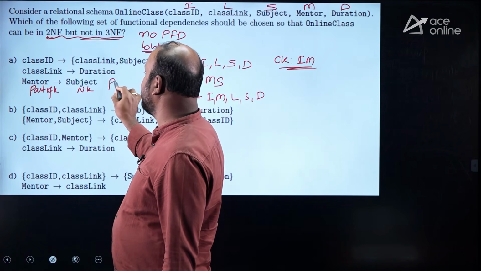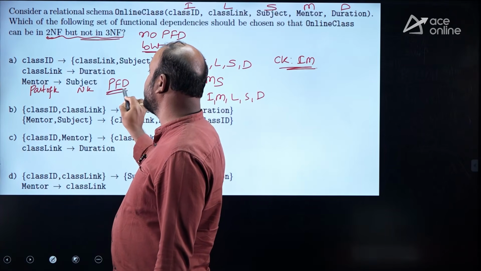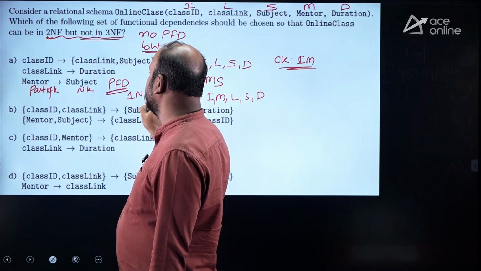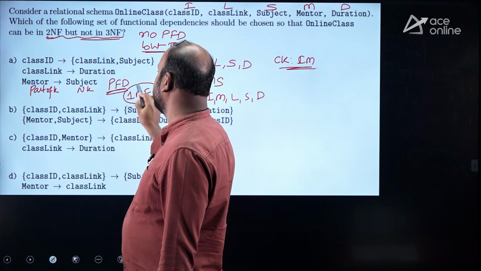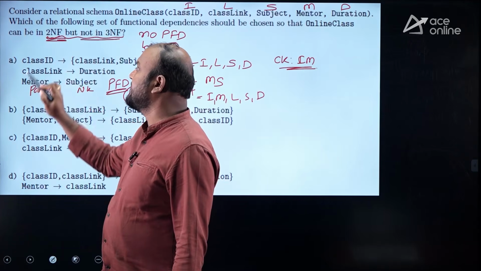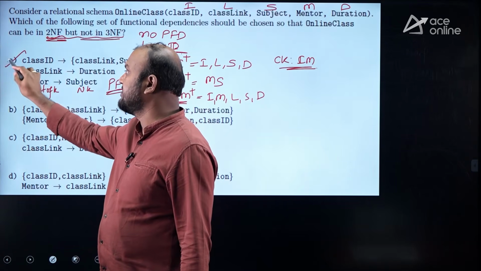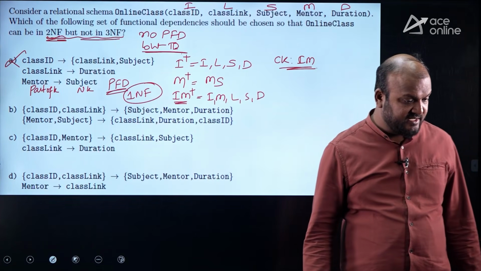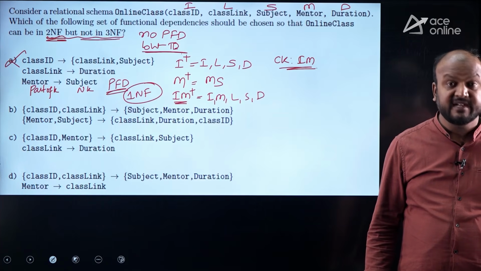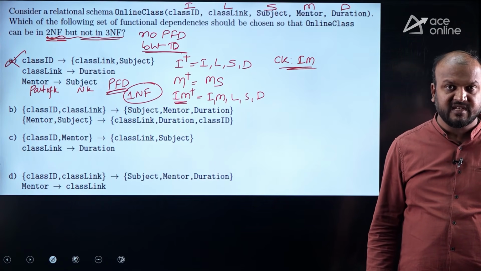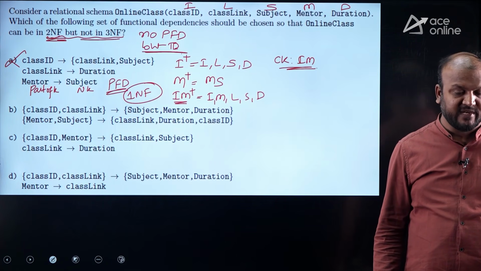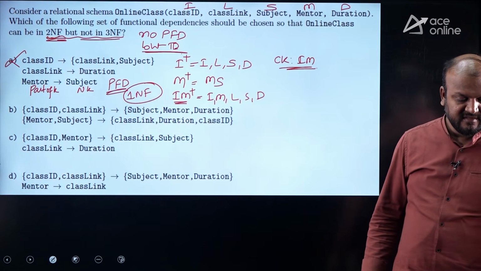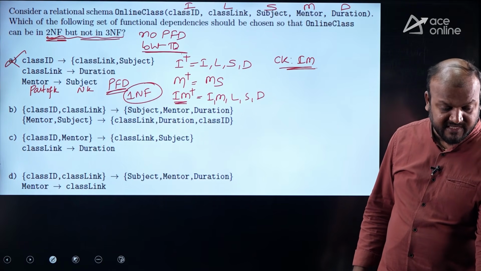It is called partial functional dependency. If it is a partial dependency, it is in 1NF but not in 2NF. But the question requires it to be in 2NF. Option A is wrong. So the majority is going wrong. Almost 46% of the students selected option A. Please check where you made a mistake, and please try not to make the same mistake.